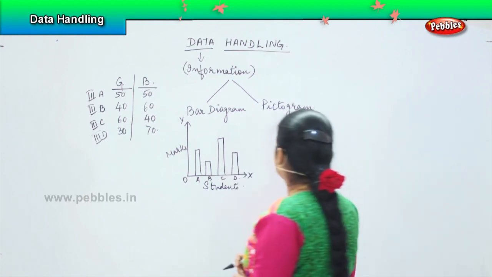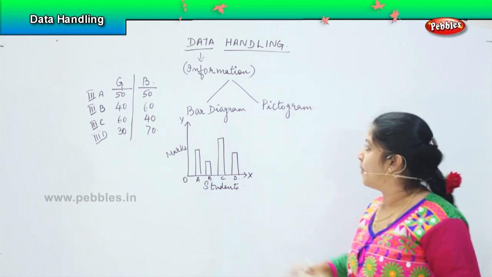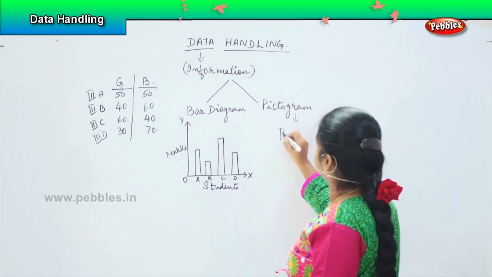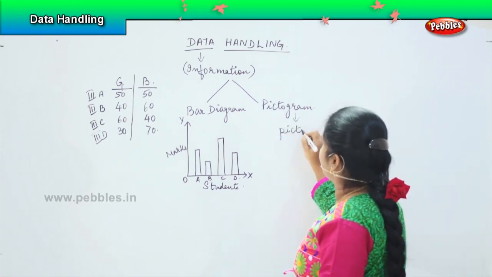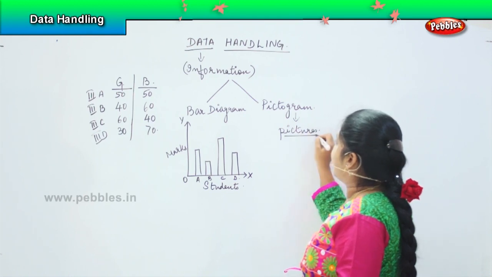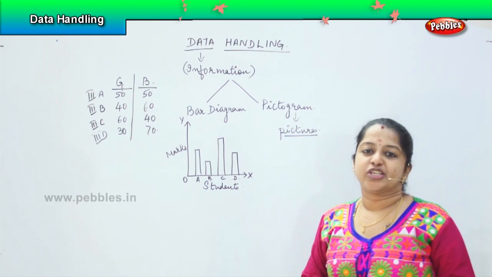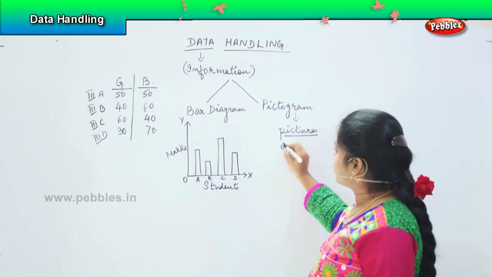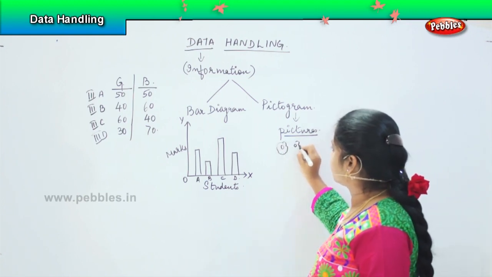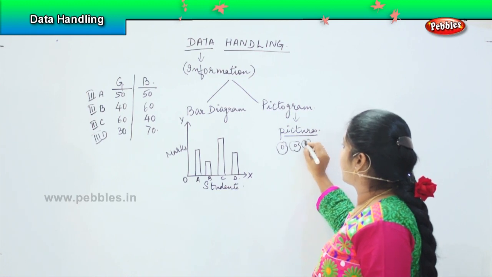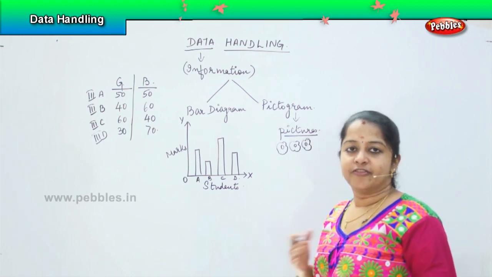Now pictogram is something which is represented in the form of pictures. As the name suggests, pictogram, it is nothing but pictures. So here data is represented in the form of pictures. Say for example, if I draw something like this, it will talk about flowers.